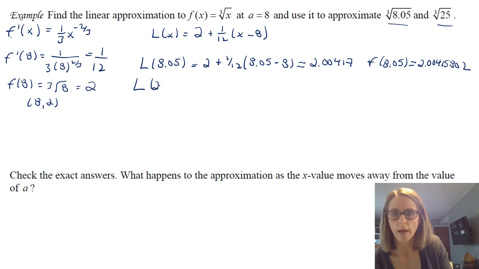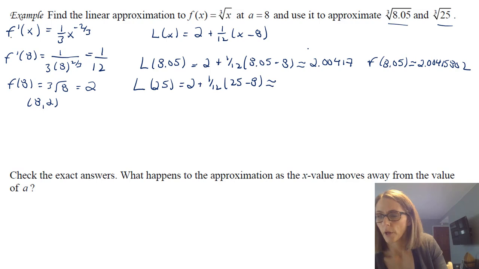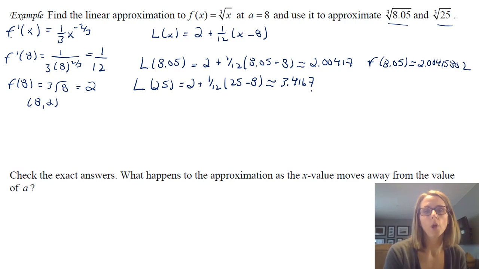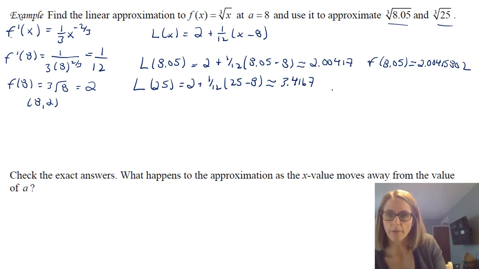Now if we do 25, you're probably not going to be surprised to find out, hopefully you already kind of picked up on this, but if we put in 25 and we do that work, we would get 3.4167. So we'd say, oh, well, the cube root of 25 is about 3.4167.